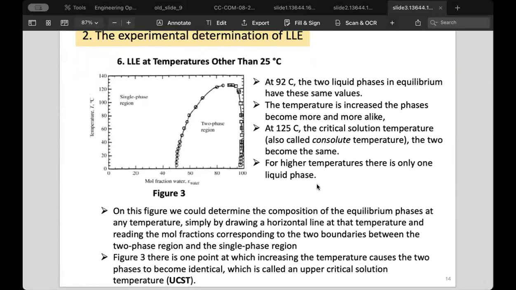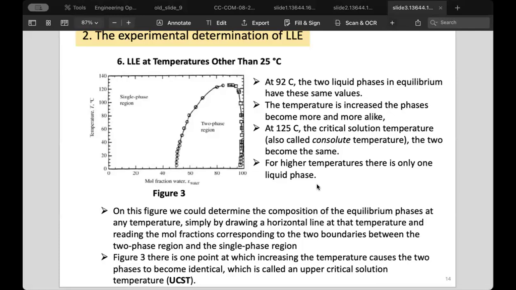Well, for this one, we have a single phase region and a two phase region. And if we change the temperature, of course, you see the interval in which we can form two phases also changes, right?